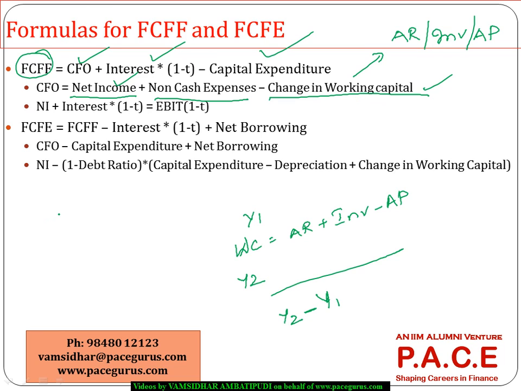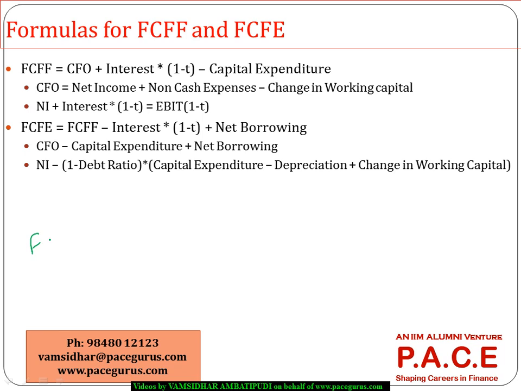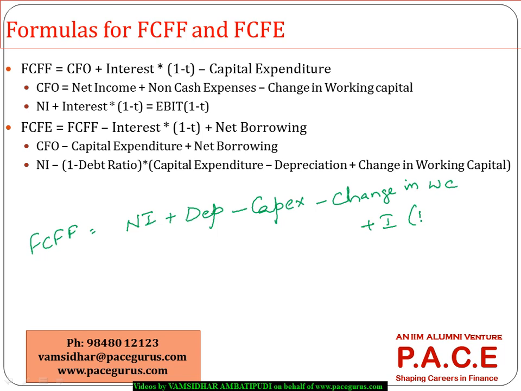Sometimes, in a simple way, if I have to write FCFF from scratch, CFO I am writing as net income plus non-cash expenses, where I am just taking depreciation as an input, minus capital expenditure, minus changes in working capital, plus I into 1 minus T. This is the entire FCFF.